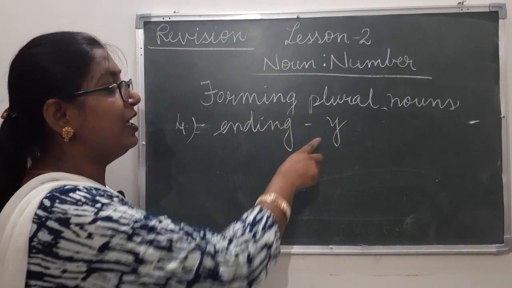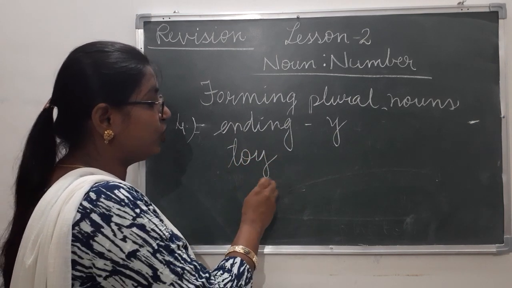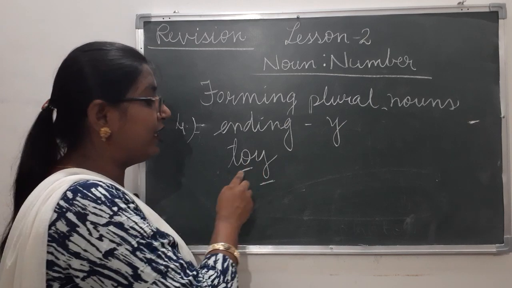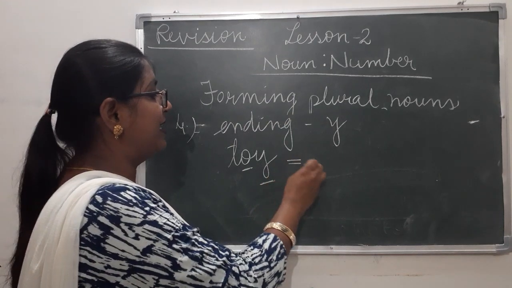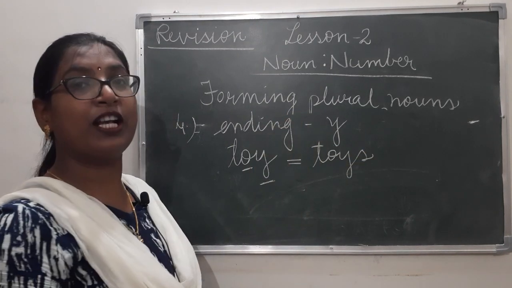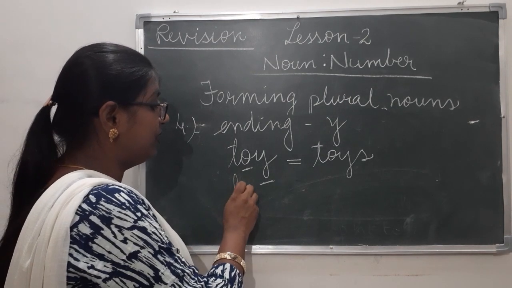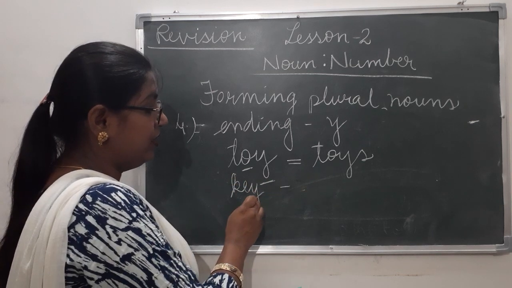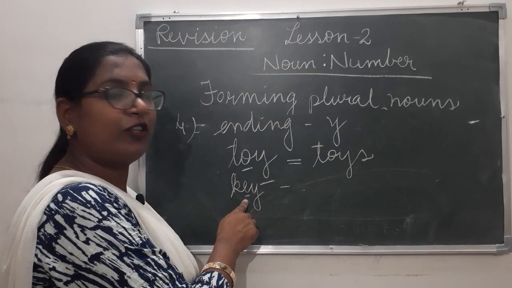For example, toy, the word is ending in Y, but before Y comes the vowel. The O is the vowel. So we just add S with it to make it plural. It becomes toys. For example, key. Ending in Y, and before Y comes the vowel E.